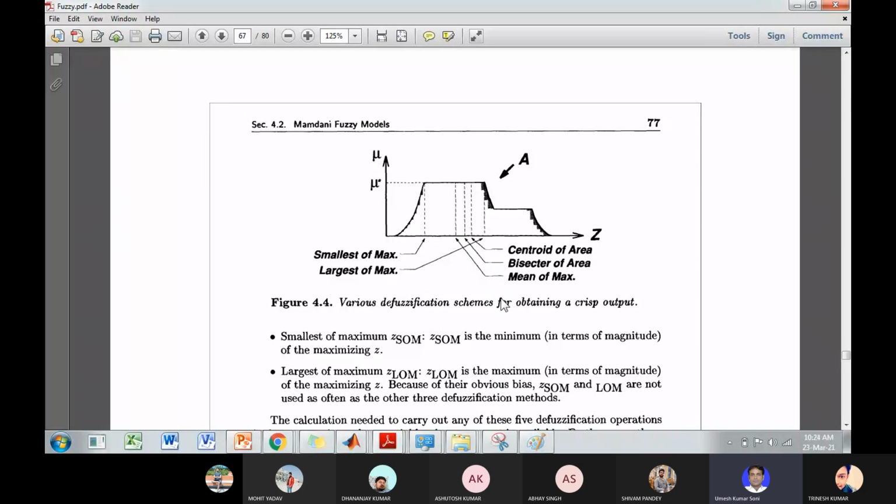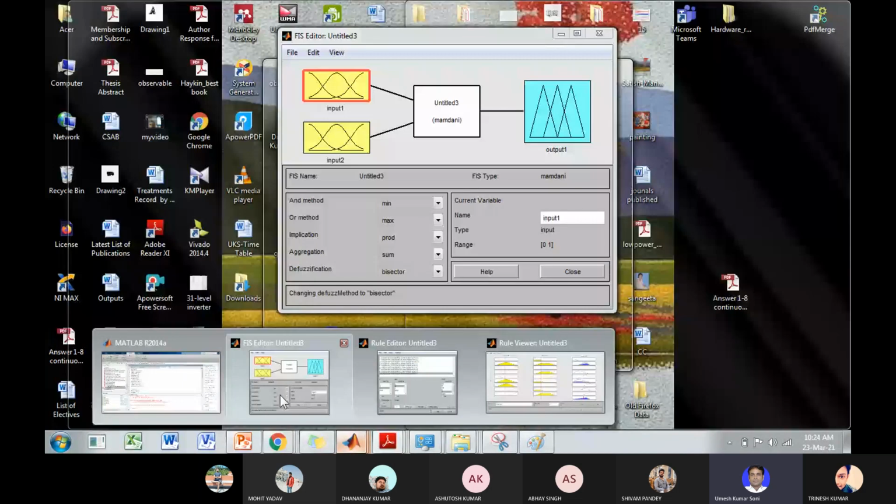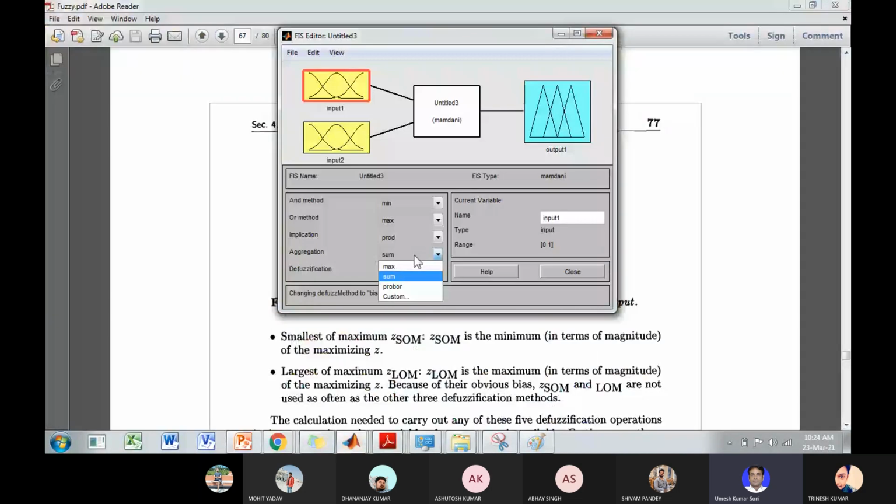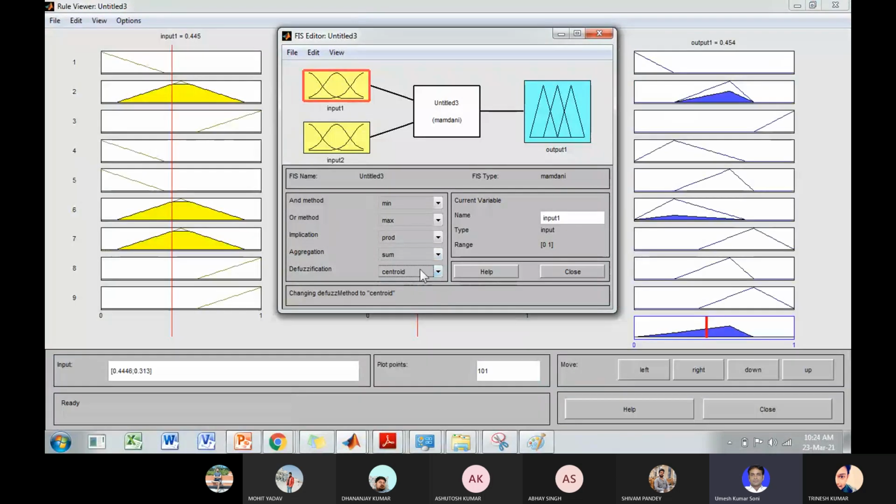However, besides the bisector of area, there is another method I want to discuss here. When we select the aggregation rule as sum, then the centroid of this will be called the center of sums method.